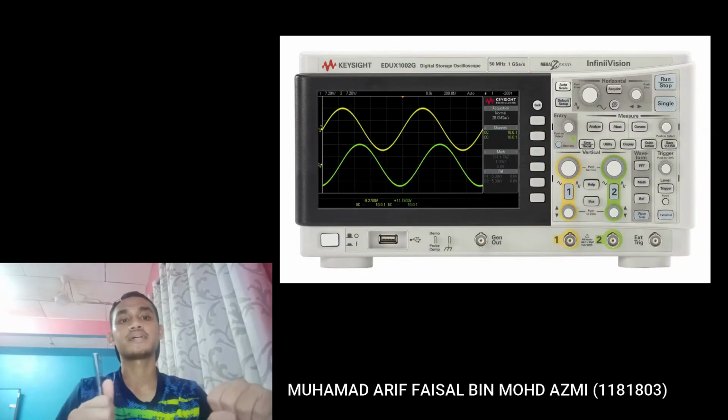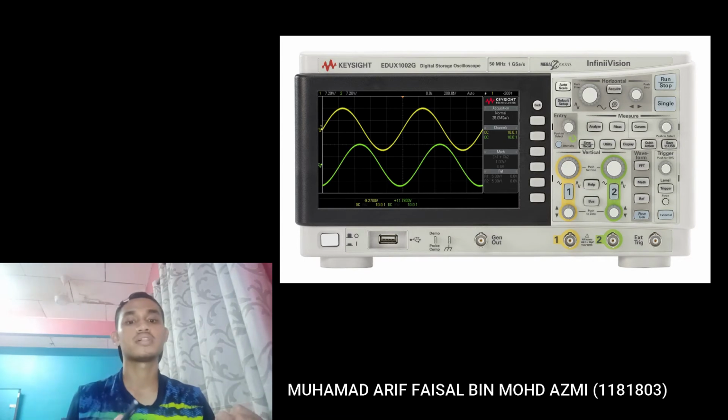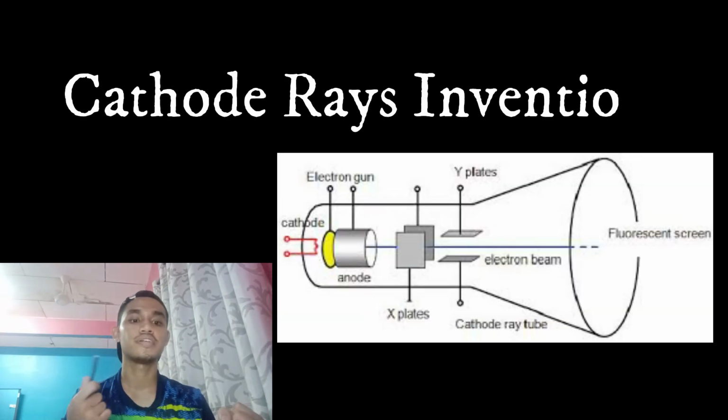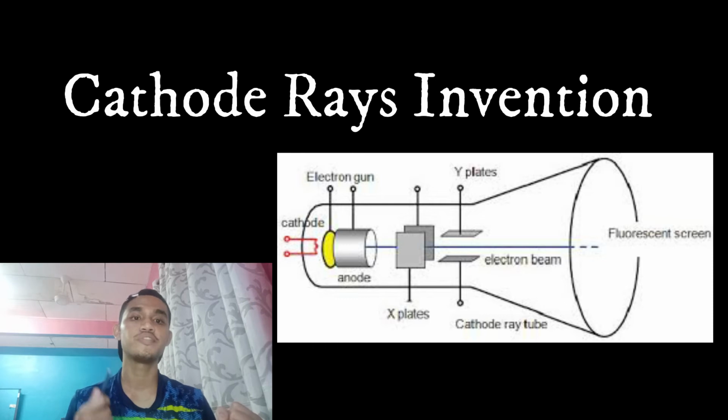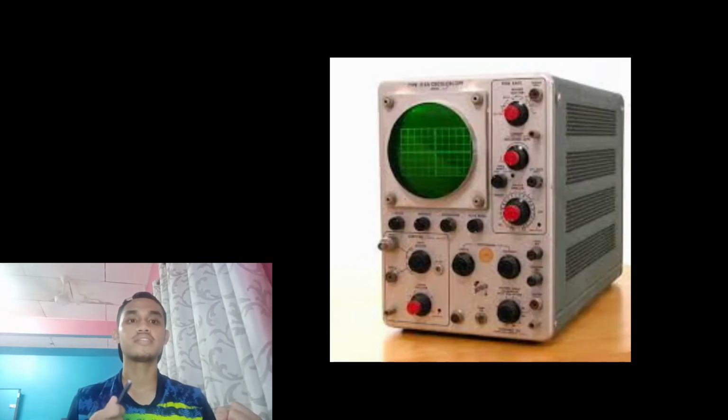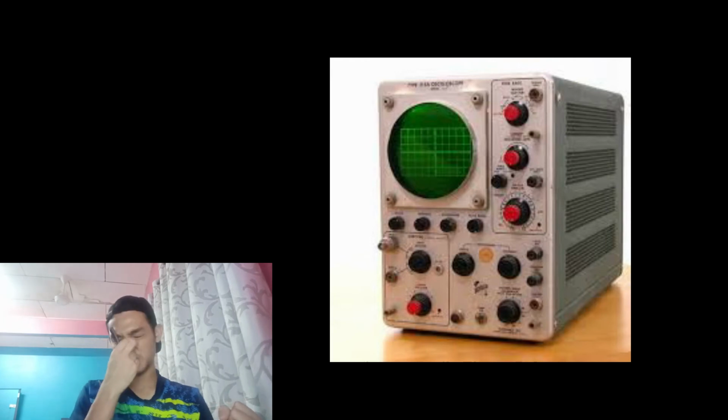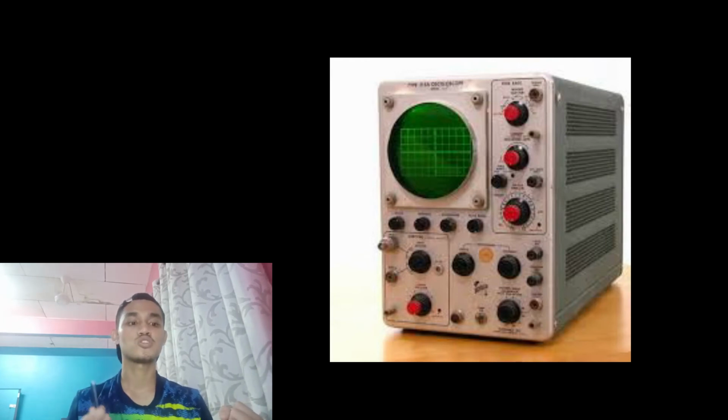Okay, in this part, I will explain the cathode ray tube inventions, which is one of the elements used in the earlier oscilloscope.